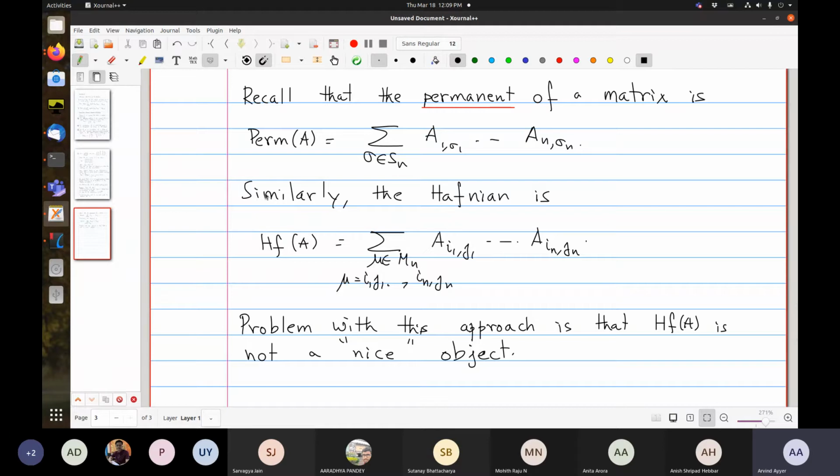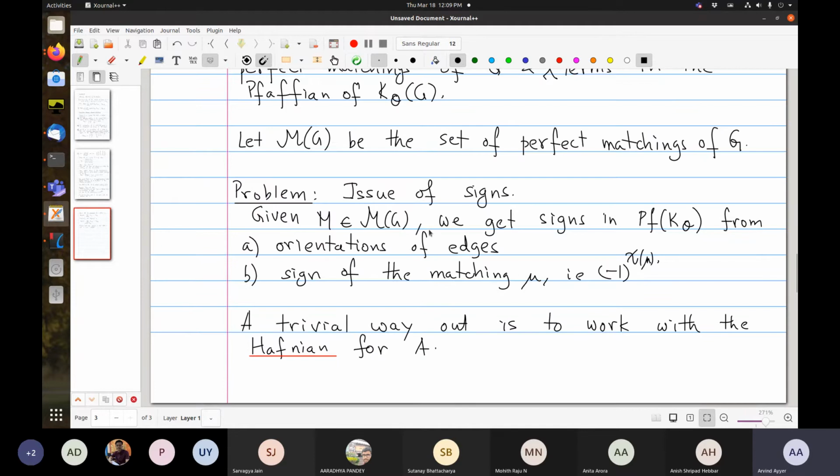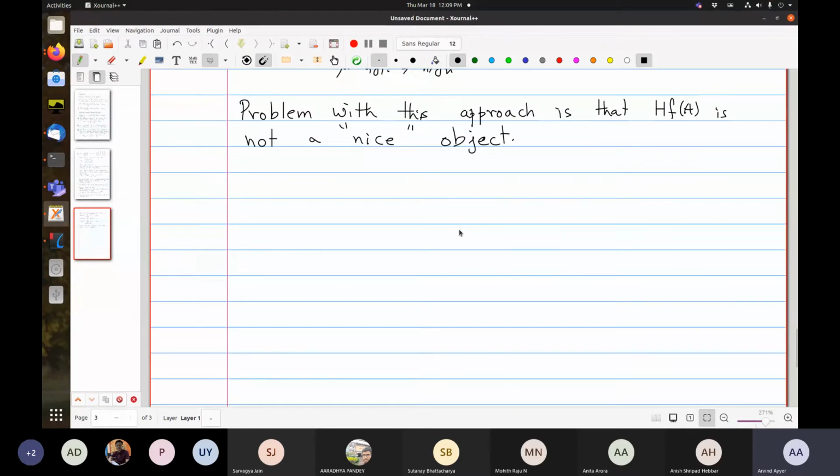Okay, so now let's go back to this. Let's try to analyze the signs. We want to get rid of the signs, so let's see how to go about that.